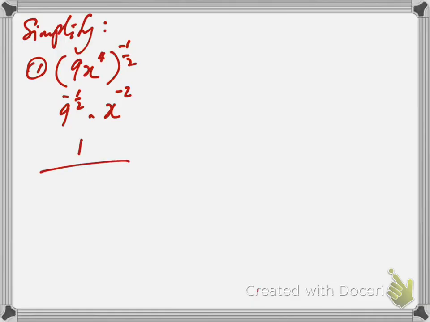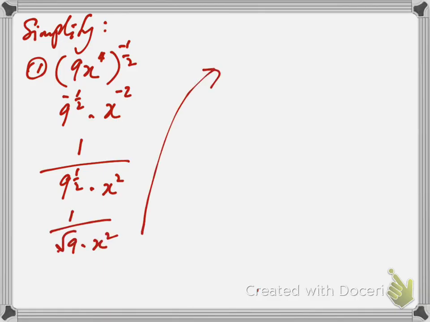It will be 1 over 9 to the power half times x squared. Anything to the power half is the square root, so 1 over square root of 9 times x squared, which gives you 1 over 3x squared. Let's try some more.